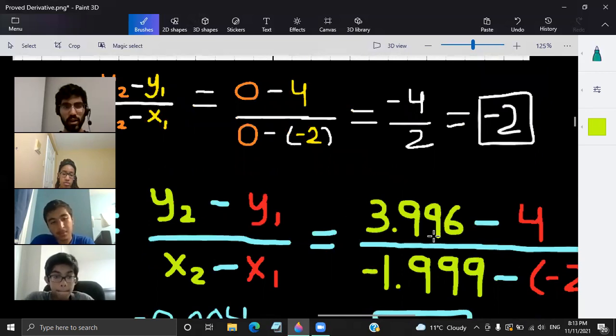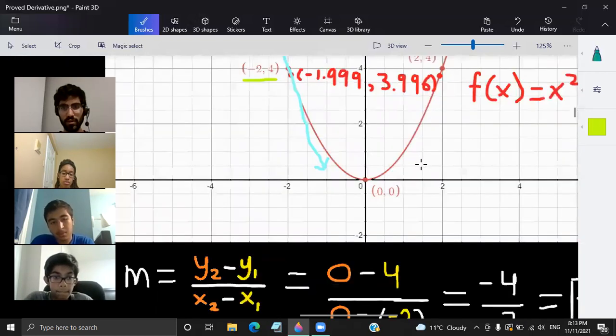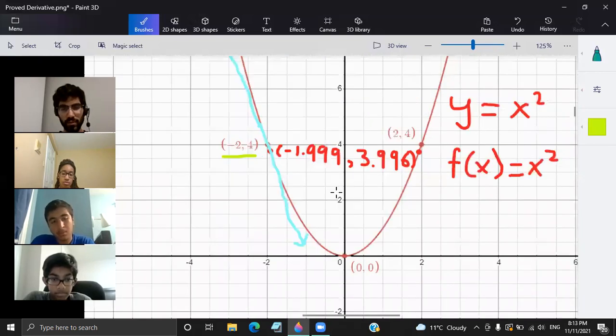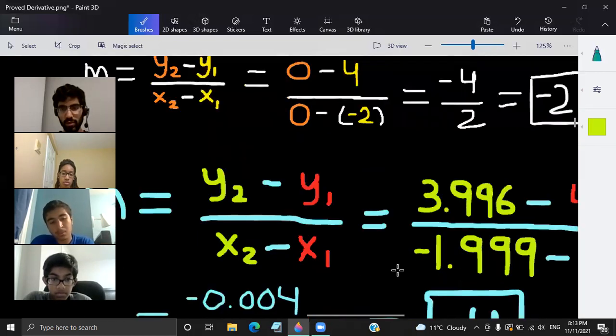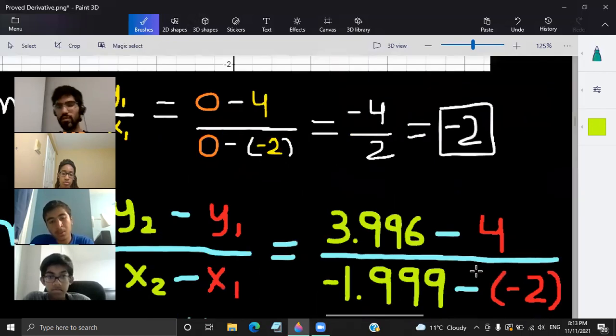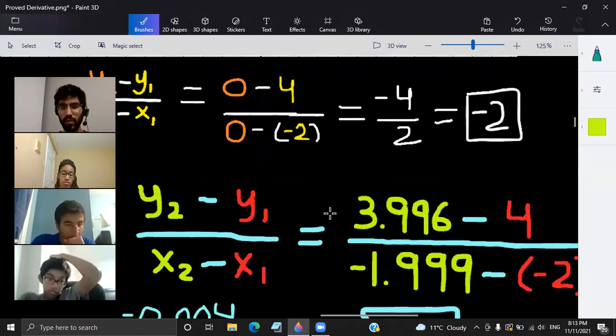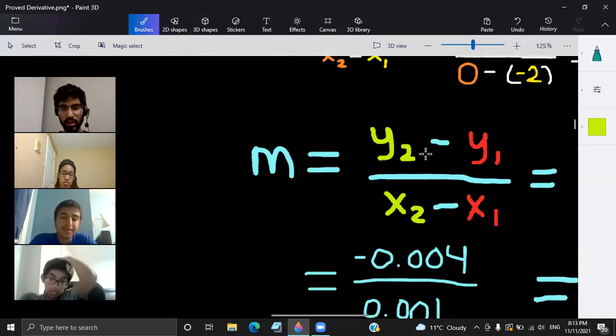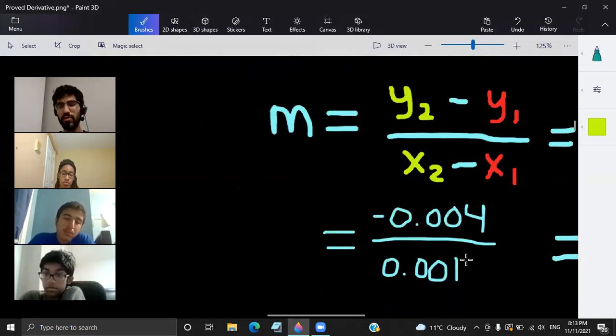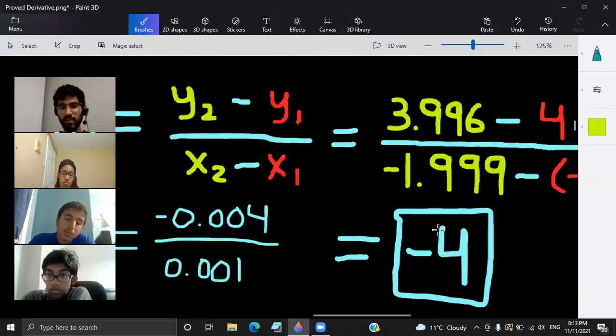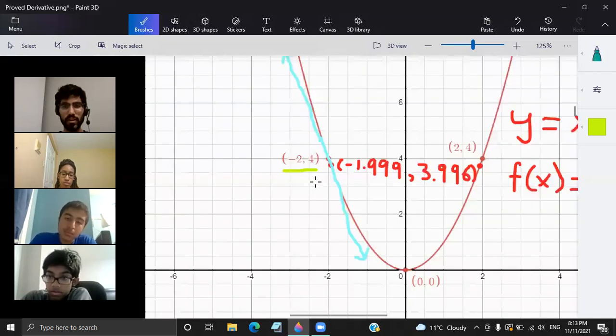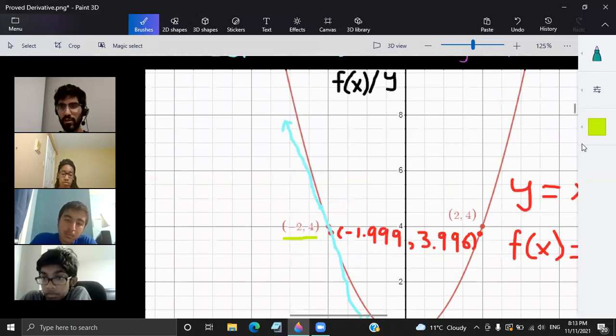So that's the change in y. And negative 1.999 minus negative 2, so plus 2. When we do that, we get negative 0.004 over 0.001. We get negative 4 as the slope of this line. All right?